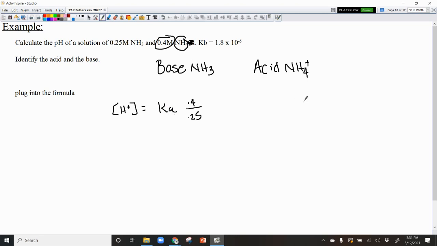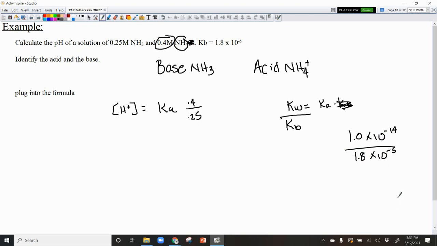Well, remember, Kw is equal to the Ka times the Kb. Okay, and if we have the Kb and we want the Ka, then we just take the Kw divided by Kb, and that's going to give us the Ka. So 1.0 times 10 to the negative 14th divided by 1.8 times 10 to the negative 5th.